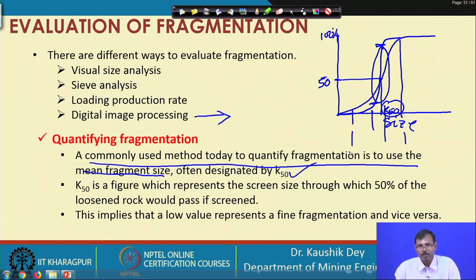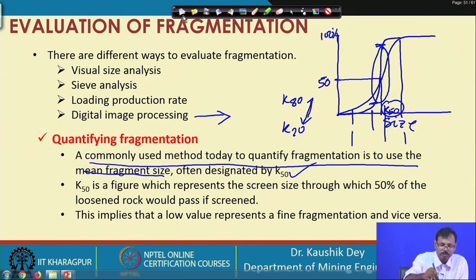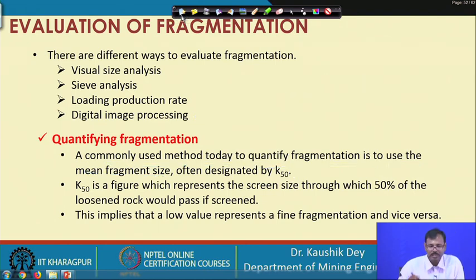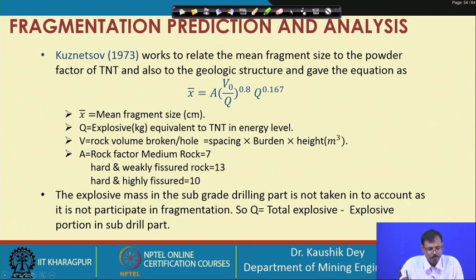So, not only the mean fragment size is important, the fragment size distribution is also important, and that is why nowadays K20 and K80 are also important, and the line joining K20 and K80 is considered the measure of fragment size distribution. So, not only the mean fragment size but also the fragment size distribution is very important while analyzing the fragment size.